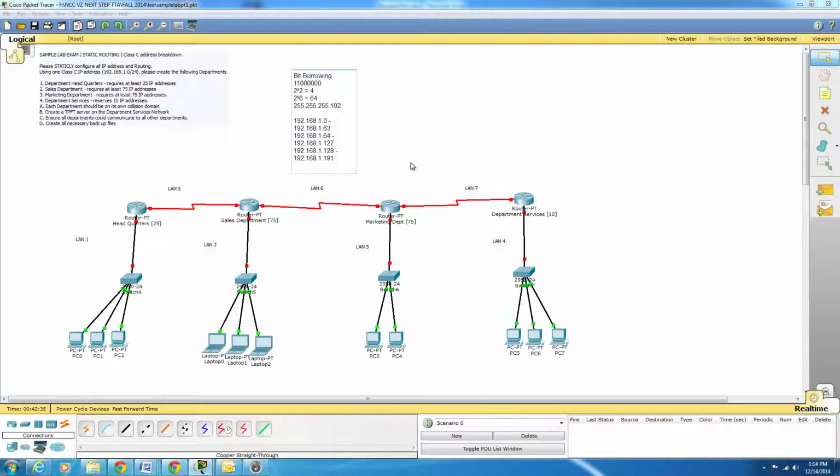And the fourth would be 192.168.1.192, and that one would go up to 192.168.1.255, and that would be all 4 of your IP address blocks. So for now, I'm just going to keep this over here as a reference.